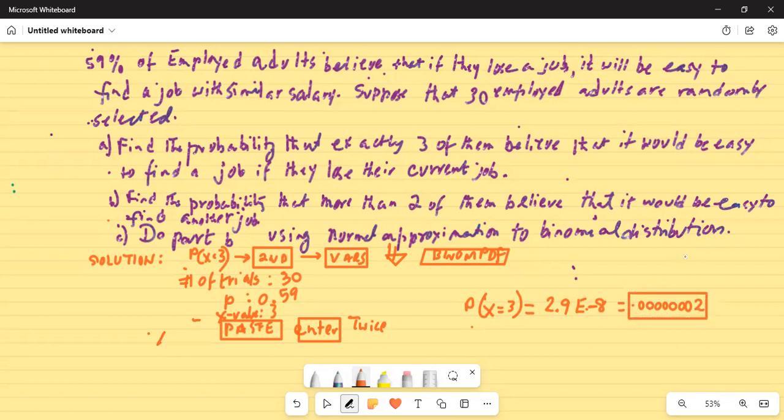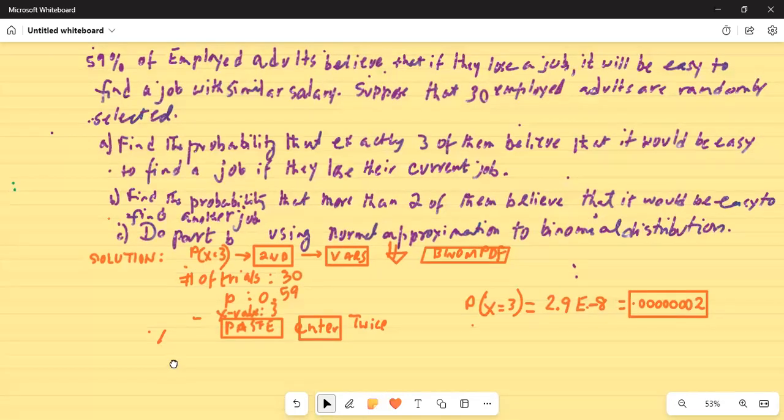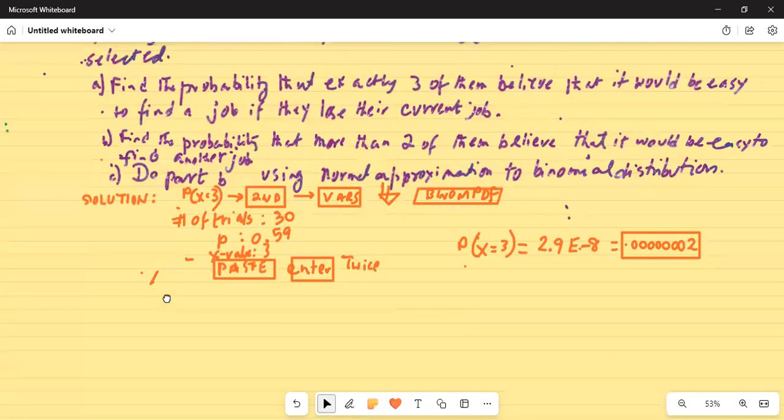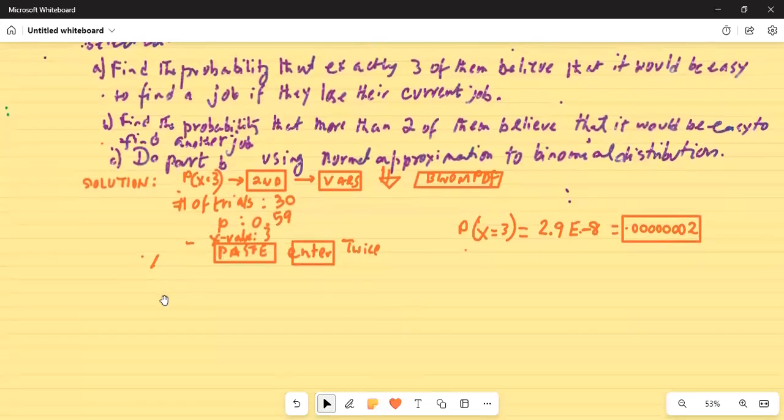Okay, so that was part A. Let's move up a little bit, create some space. Okay. So this is part A.